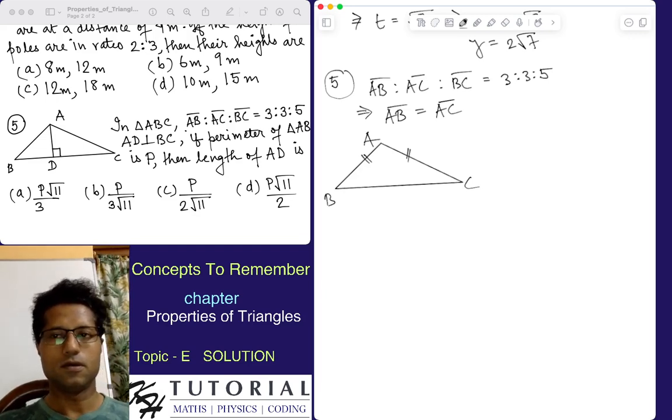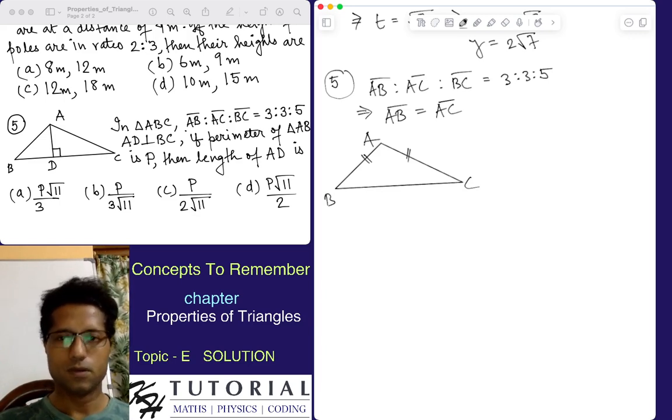So therefore AB must be equal to AC. This angle will be equal to this angle.